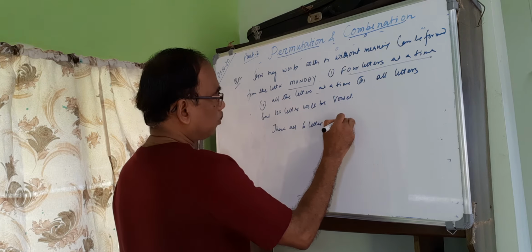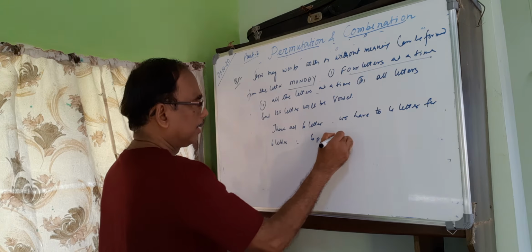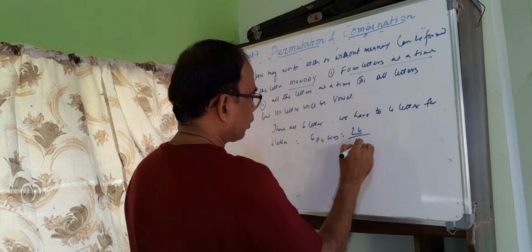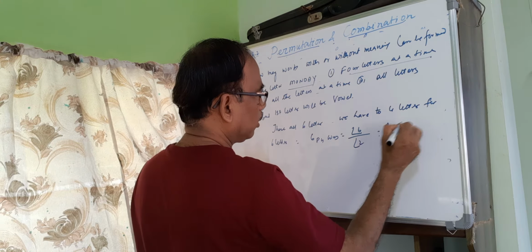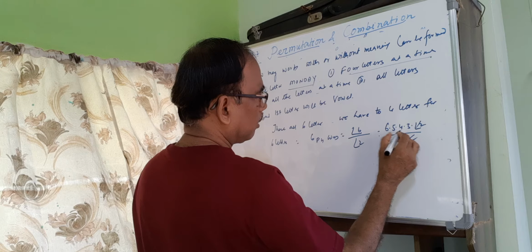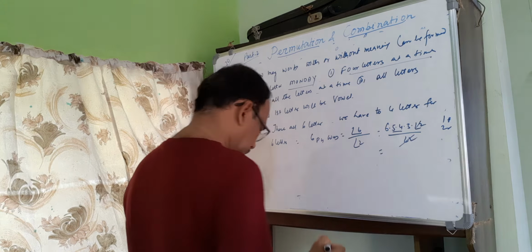So we have to take 4 letters from 6 letters. That is 6P4 ways. That is factorial 6 by factorial 6 minus 4, that is 6 into 5 into 4 into 3 into factorial 2 by factorial 2. That is 360 ways.